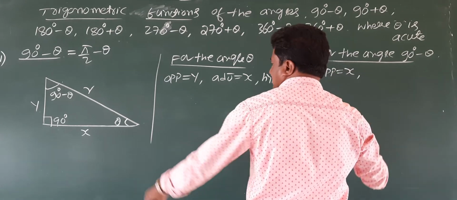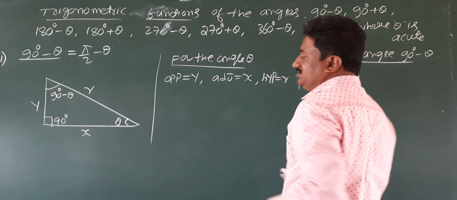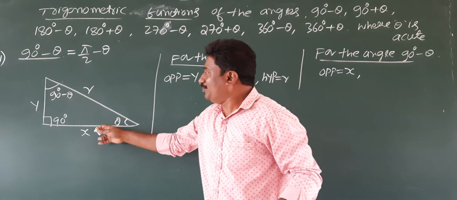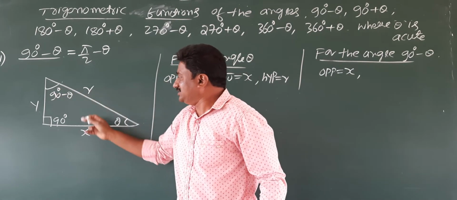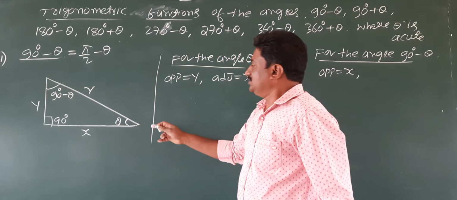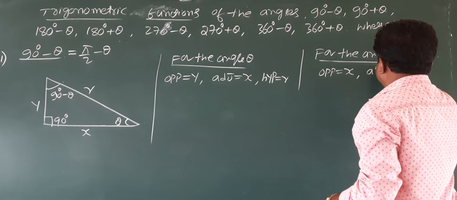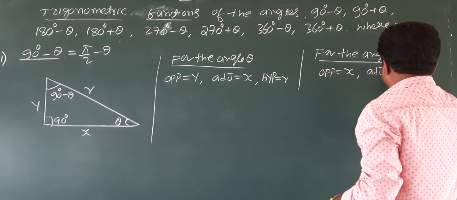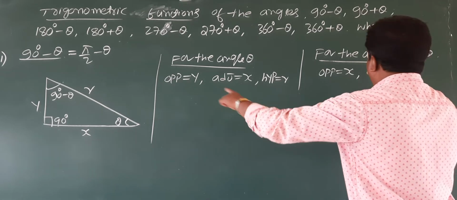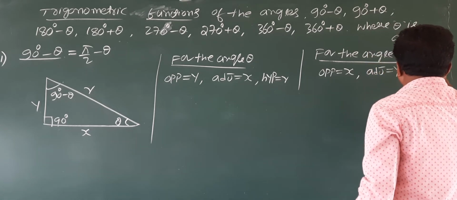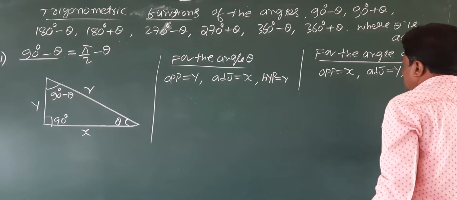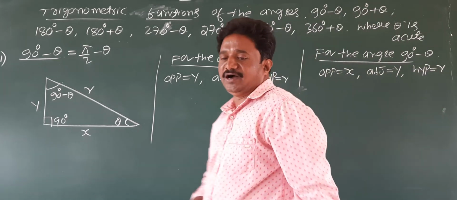The side opposite to 90 degree minus theta is x. Adjacent is y. Hypotenuse is r.